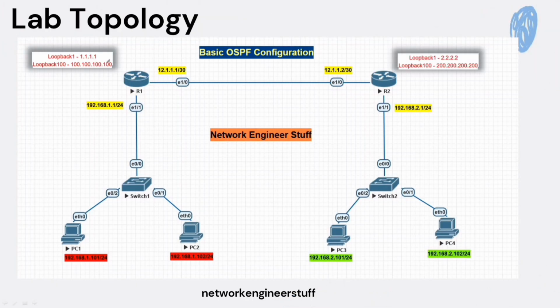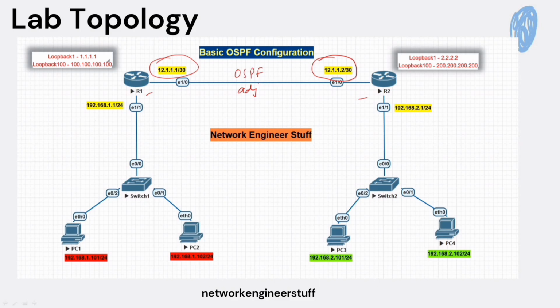So this was our lab. Those who have not watched the 5A video, I recommend you watch that video first, but still I'll give a bit of info about this lab. This is a very basic OSPF lab. Here we have these two routers R1 and R2. We will first advertise these networks in our OSPF and bring the OSPF adjacency, or OSPF neighborship, up between R1 and R2.